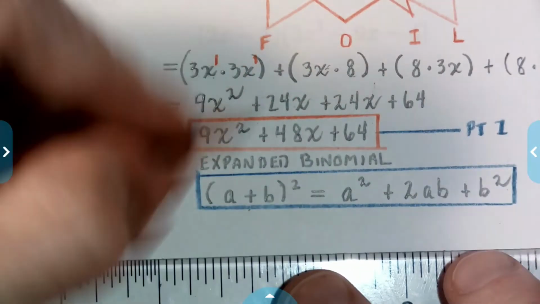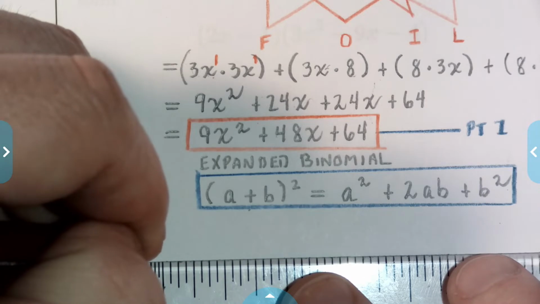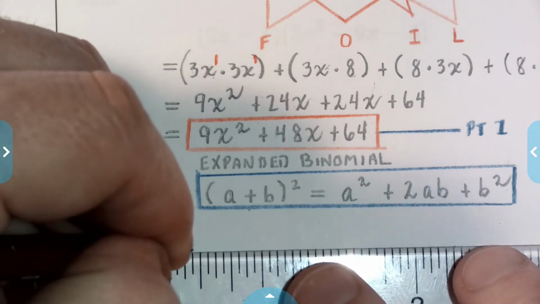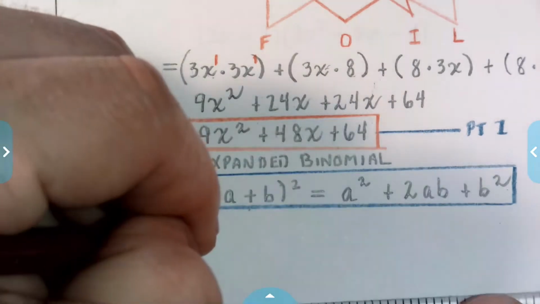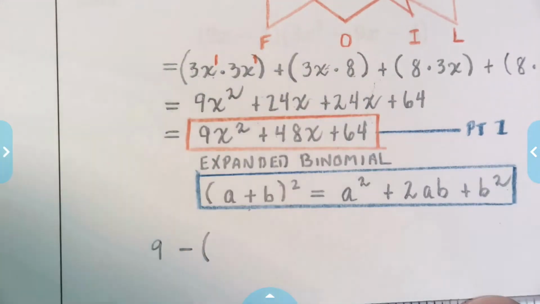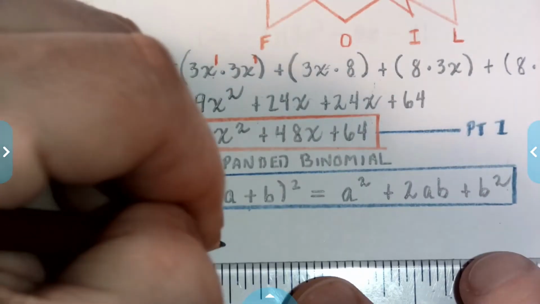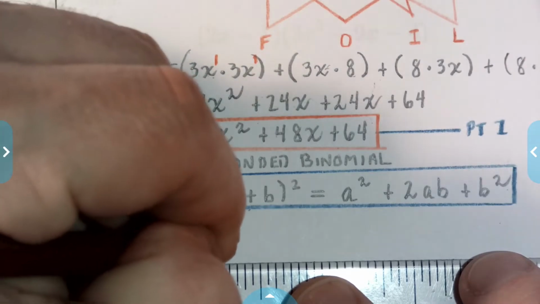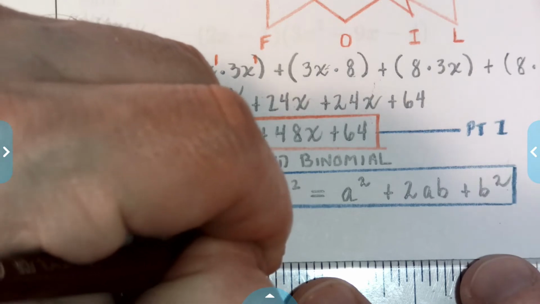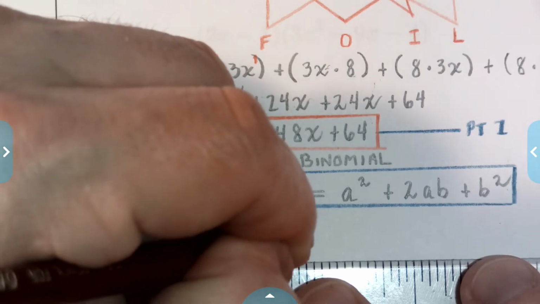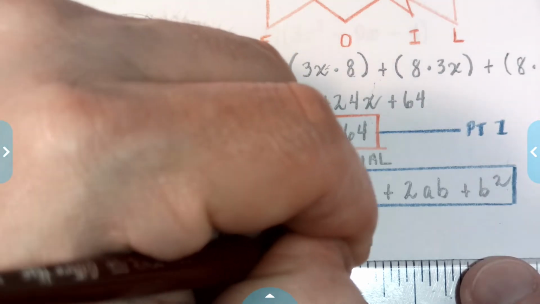Okay? So let's write 9 minus, and then you need to put this whole thing in parentheses and put 9x squared plus 48x plus 64.